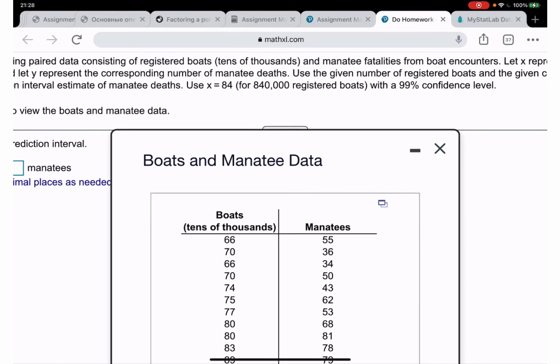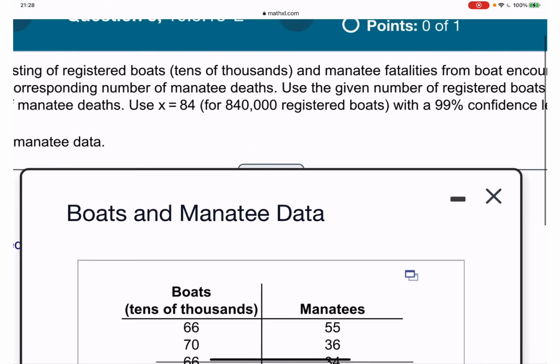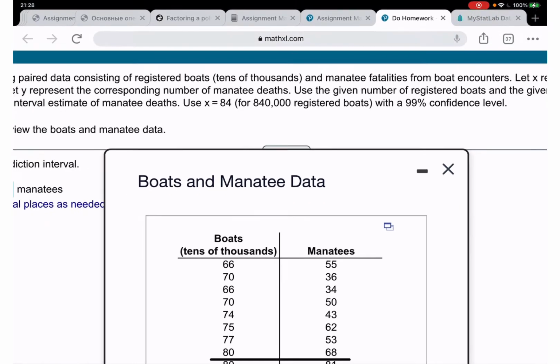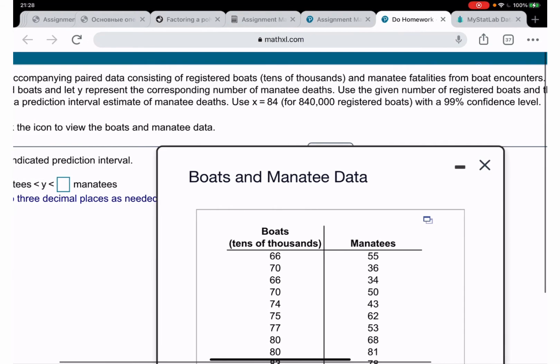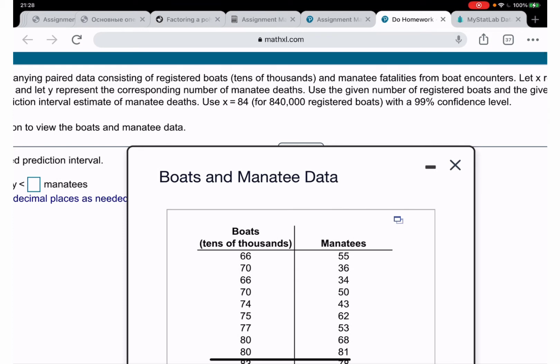I have 99% confidence level, and X is 84, because we are going to predict the y for 84.